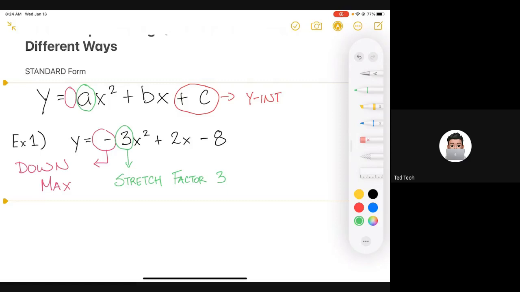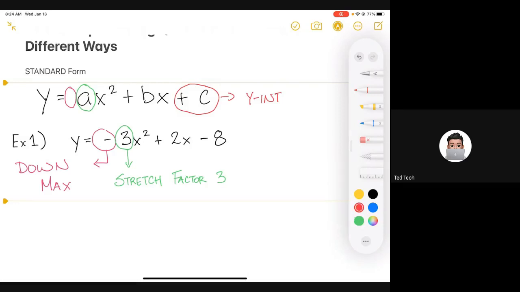Notice I'm just writing the number 3. I'm not writing -3 because the negative tells me if it opens up or down or if it's a max or min. But the number itself will tell me if it's a stretch or a shrink. Not only that, it tells me what the factor is. In this case, the number is 3, so the factor is going to be 3.